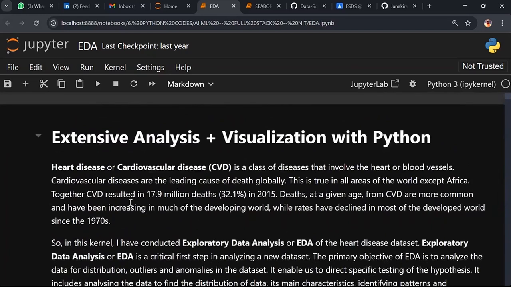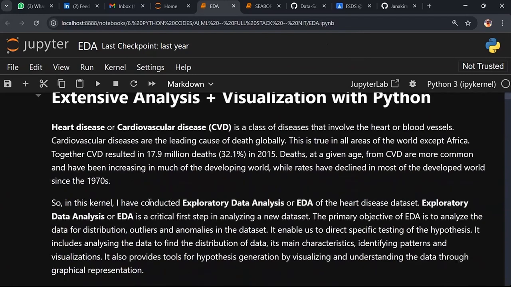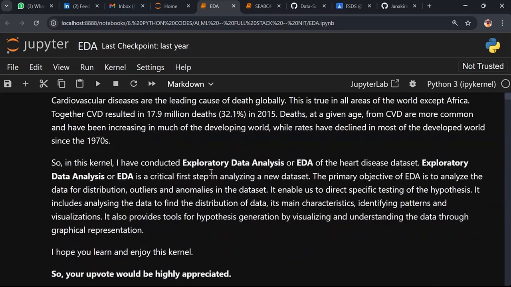If you refer to it, almost 17.9 million deaths happened in 2015 because of heart disease, and many hospitals do not give counts for them. If you compare the 1970s and 2015, heart deaths have increased. Guys, are we clear? In this project, I have conducted an EDA of a heart disease dataset.